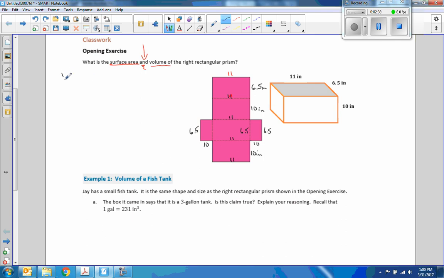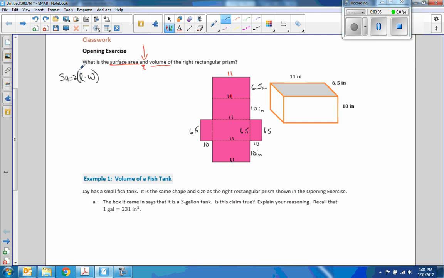So we know that volume, let's do surface area first. We know that the surface area of a rectangular prism is all 6 sides added up. And we have length times width multiple times. The front and the back are equal. So if I call the front length times width, there are 2 of them.